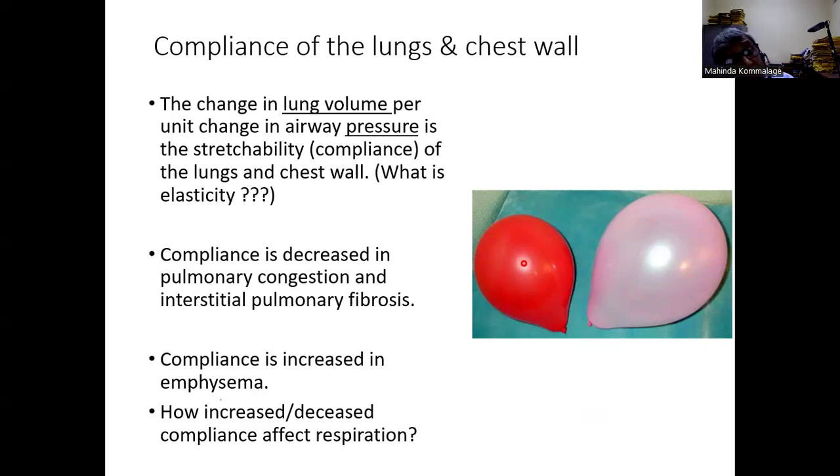So in the alveoli also, we can talk about compliance. Basically, what is the volume change for a pressure change? Sometimes compliance is high in alveoli and sometimes it is low, but ideal compliance is important, right?